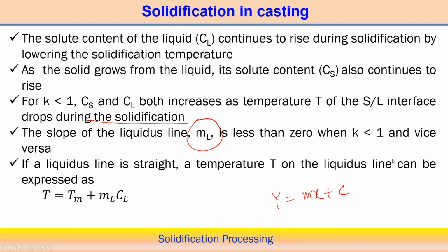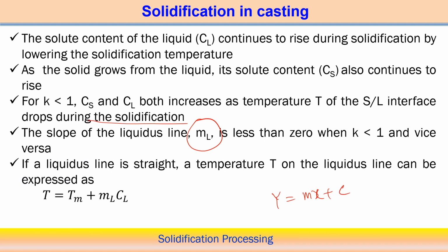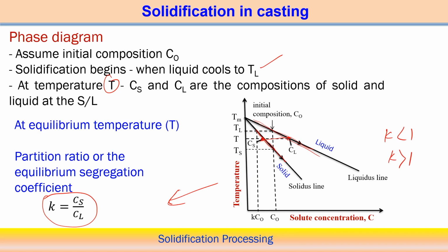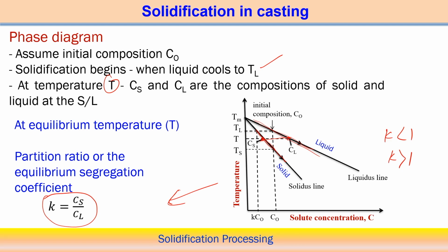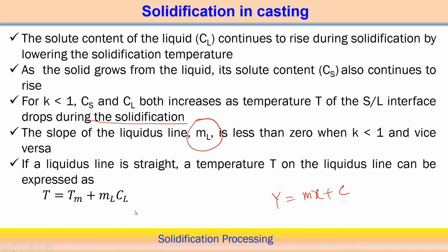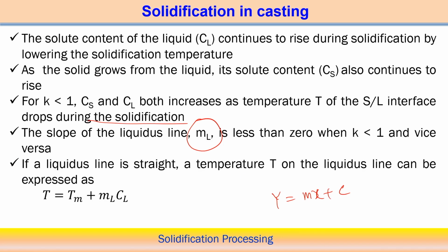Here y is the variable temperature T on the y axis, the slope is ml, and x is the liquid composition Cl, the variable on the x axis, which represents the concentration or composition.